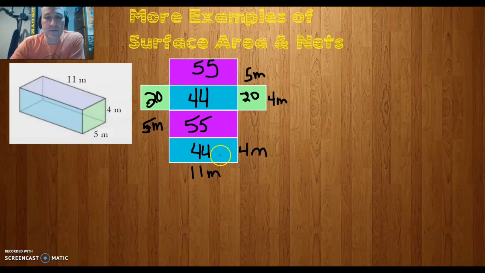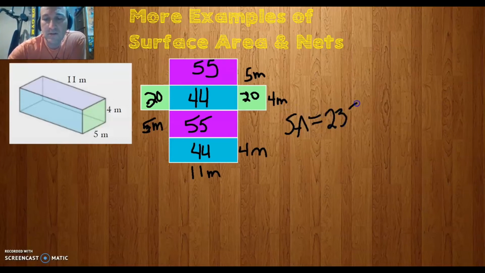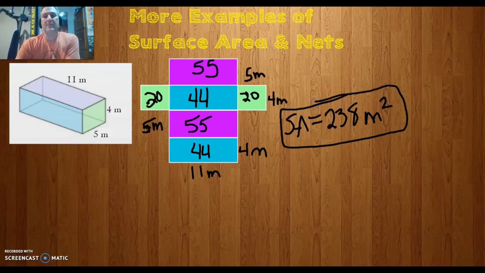And then plus 4 is 8, and we get 238. So my total surface area is 238 meters squared. There it is. That's how you do the rectangular prism. Okay, so not so bad, right?